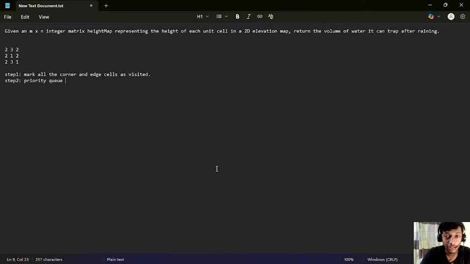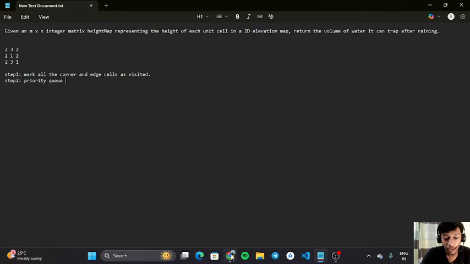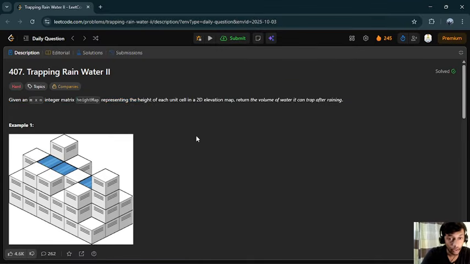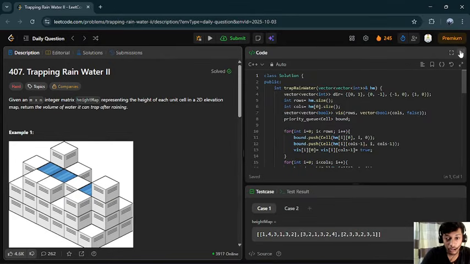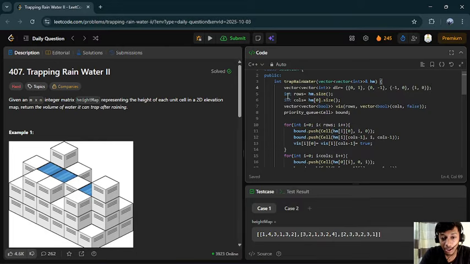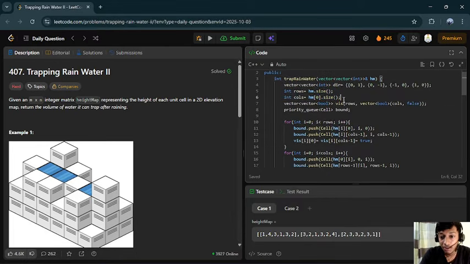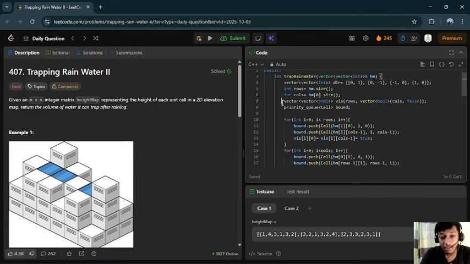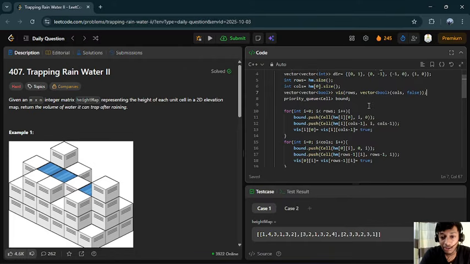So let us see the code. See, the code is quite simple. We have a direction array to traverse all the four directions. We have the number of rows and the number of columns in the height map, and we have a visited matrix which is initially false.